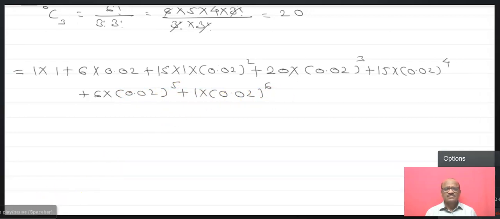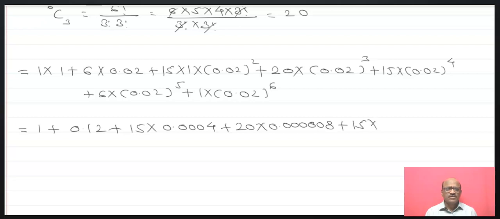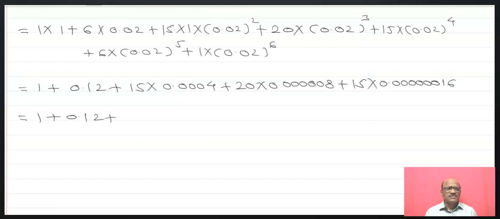Now see this here. 1 into 1 is equal to 1, 0.12, 15 into 0.0004 plus 20 into 0.000008 and so on.